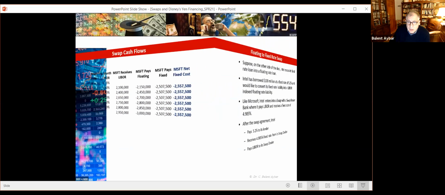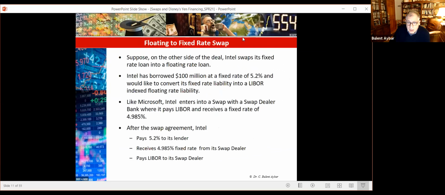So let's go to a floating to fixed rate swap arrangement. Let's assume that on the other side of the deal, there is a company like Intel that swaps its fixed rate loan into a floating rate loan.